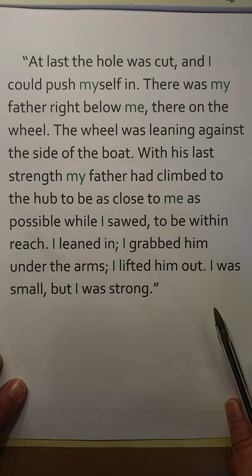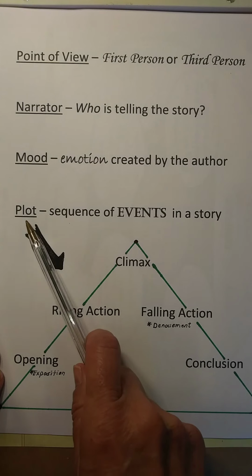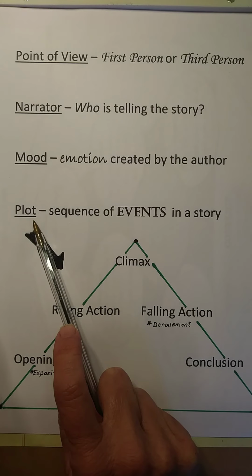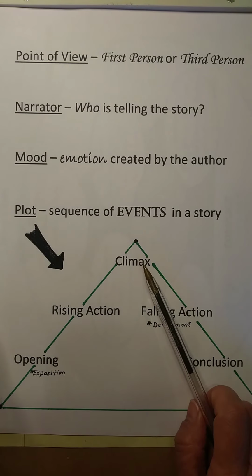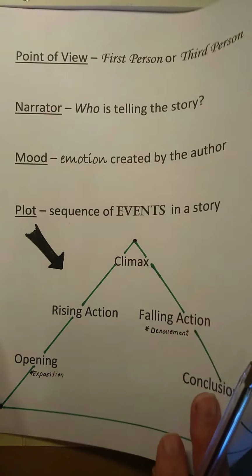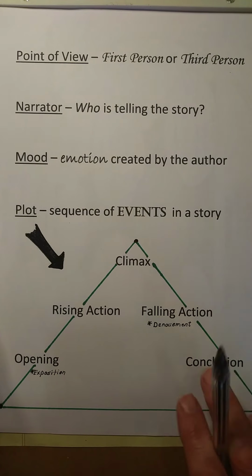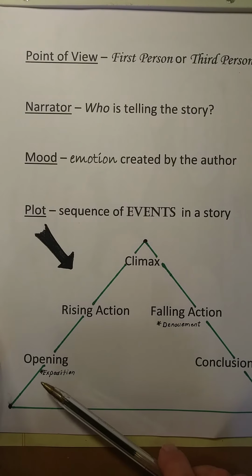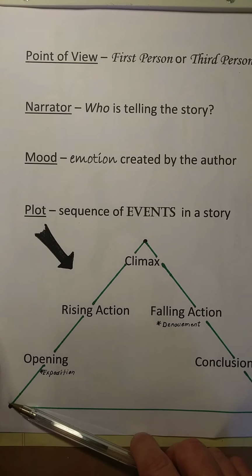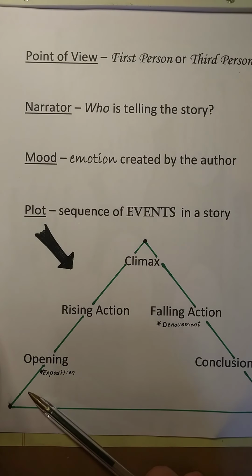Okay? Now, we've already talked about plot when we read Carry On, Mr. Bowditch, and then when we read The Bronze Bow, and now that we're reading Big Red. Did I forget one? No, we read Big Red. Okay, now we're reading The Horse and His Boy. The plot is the sequence of events that are in the story.